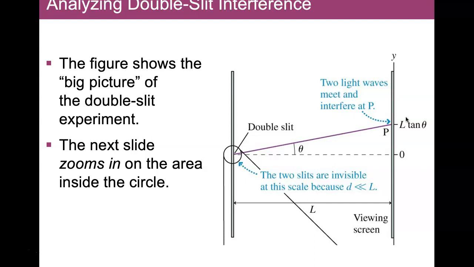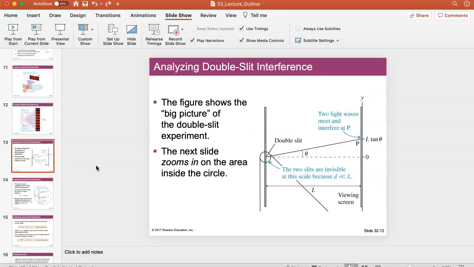If D is tiny, then the angle between them becomes really small.